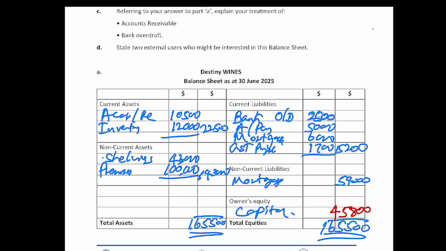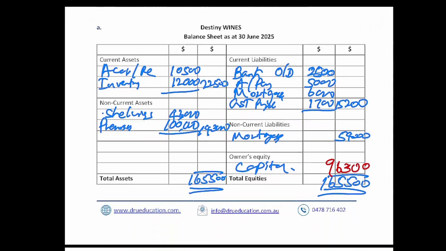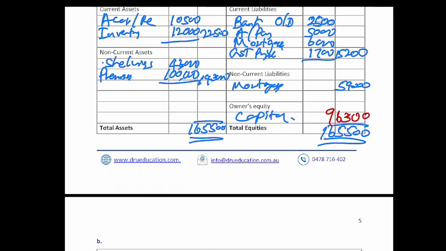Yeah, I think I'm wrong. 3 plus 2 is 5, 4 plus 4 is 9, 9 plus 6 is 15. 96,300? Yeah, 96,300, right? Good. Any problems with that?